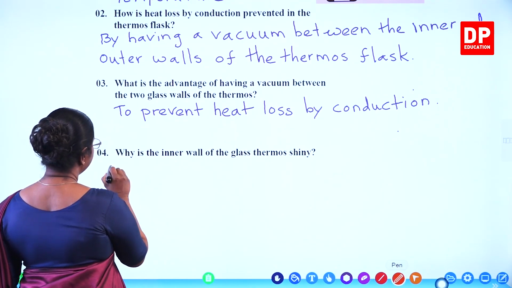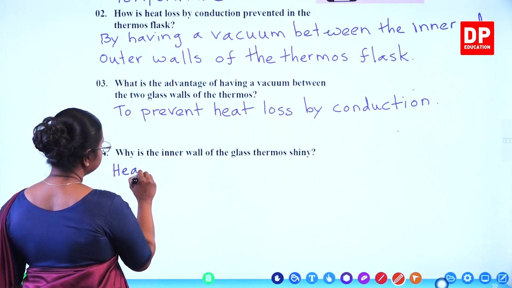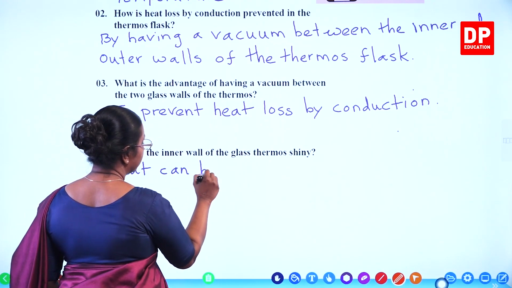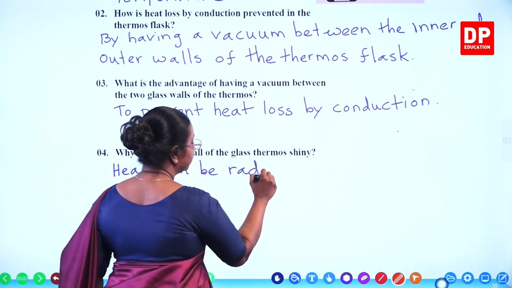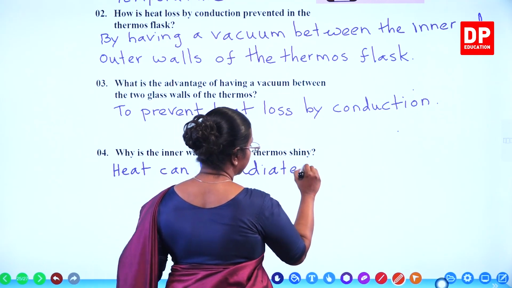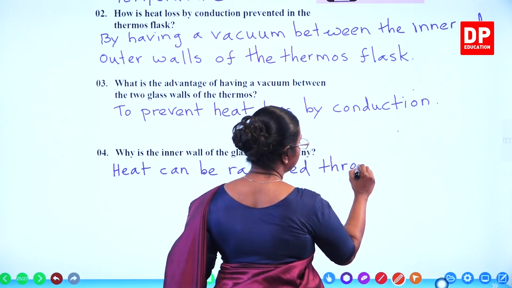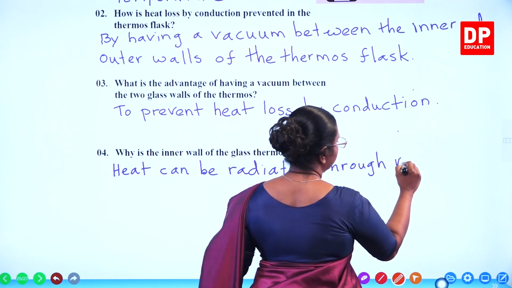So here you can say heat can be radiated through vacuum.